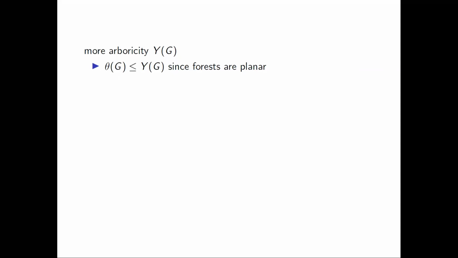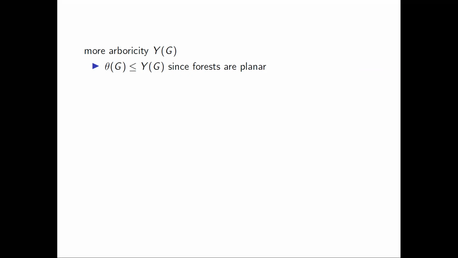So y of G, the arboricity of G, is the minimum number of forests we need to write G as the union of them. So there's some way to decompose G into y of G forests. Each of those forests is planar because forests in general are planar. So that tells us that we can decompose G into y of G planar graphs.